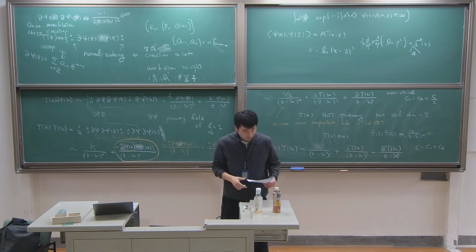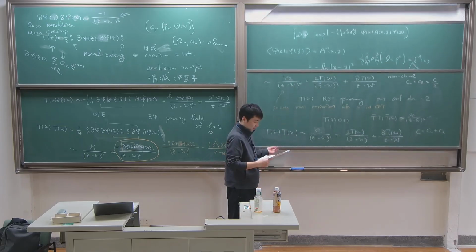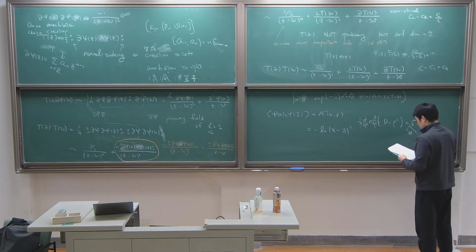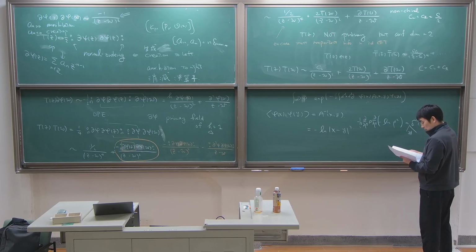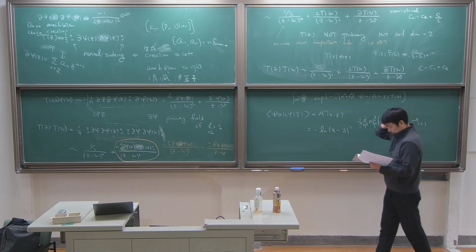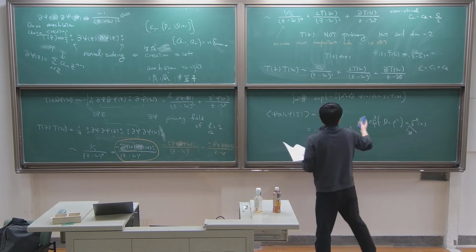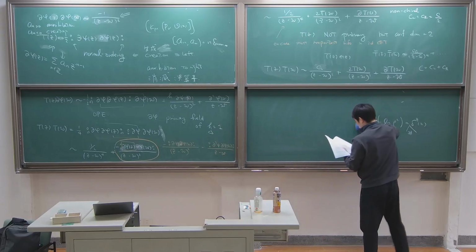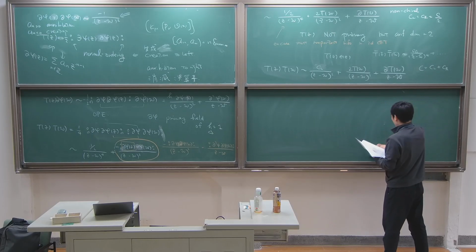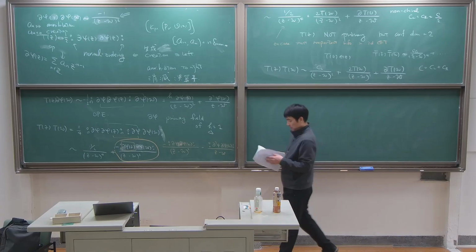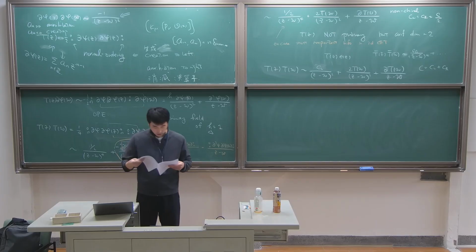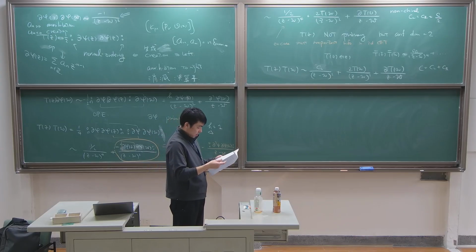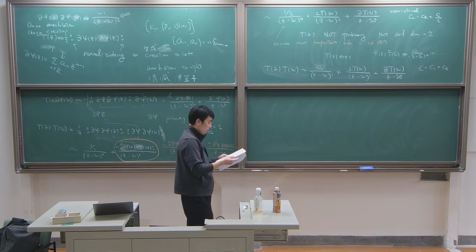Right? Fine. What is the consequence of this TT OPE? The consequence of this one is that one can consider the commutation relation for more than one.